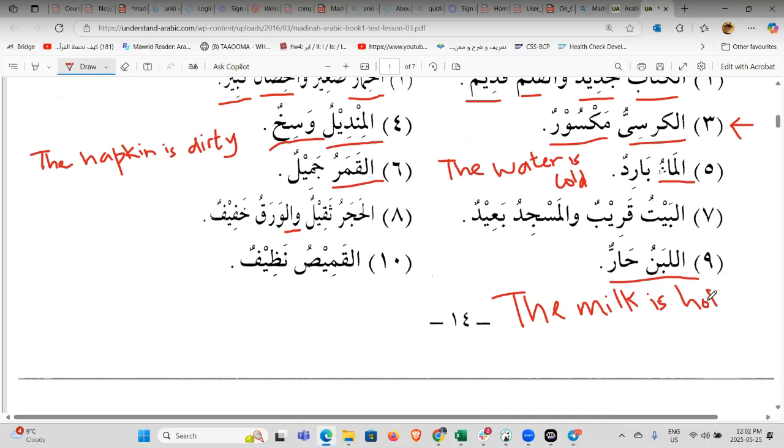But let's say that you're talking about a property of milk that's true for all milk. Like say milk is white. Then you say اللبن أبيض. The milk is white. In that case, in the free translation, you would not need to add the. But that's not the case here.